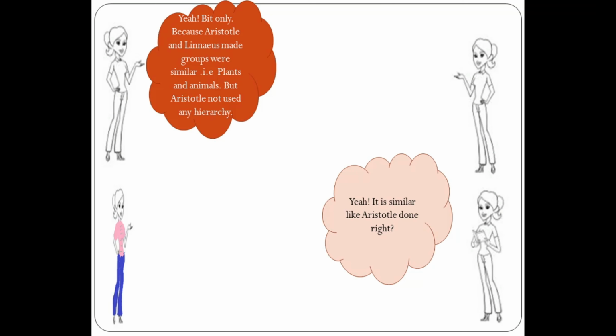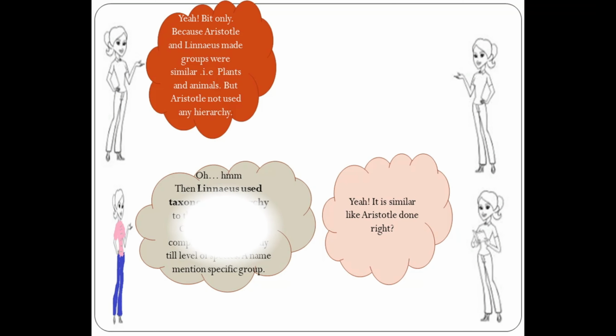Comparing Aristotle and Linnaeus, Linnaeus classified the organisms in a more systematic manner by using the taxonomical hierarchy, but Aristotle did not do that.